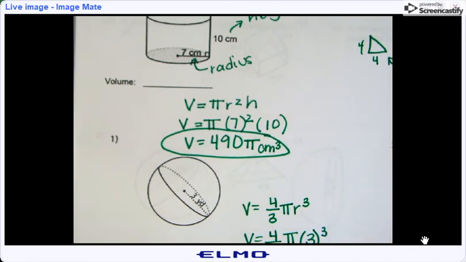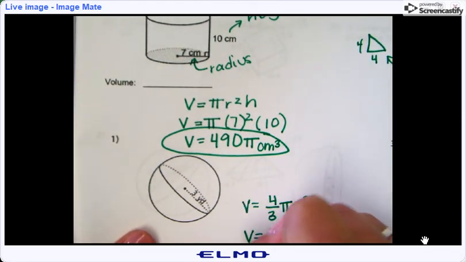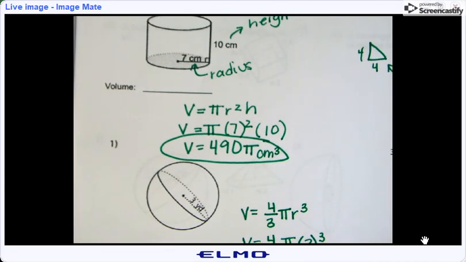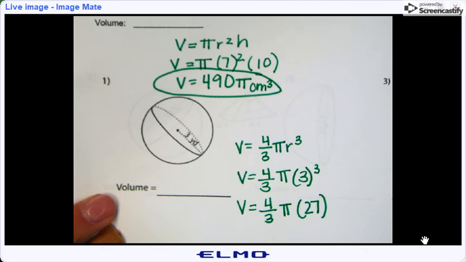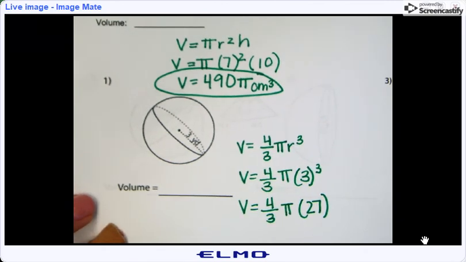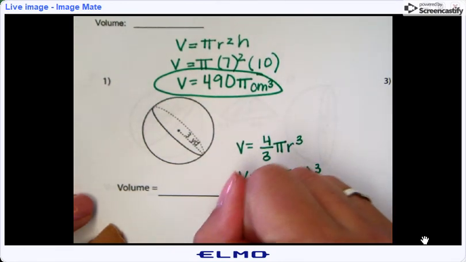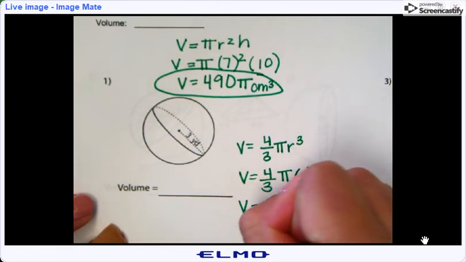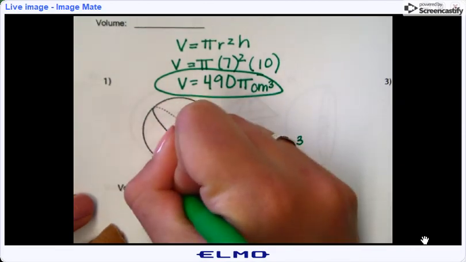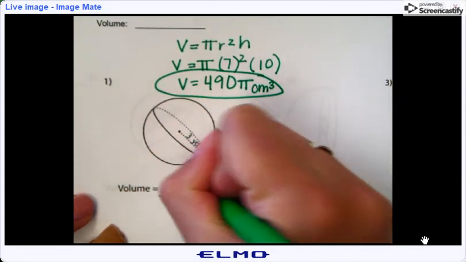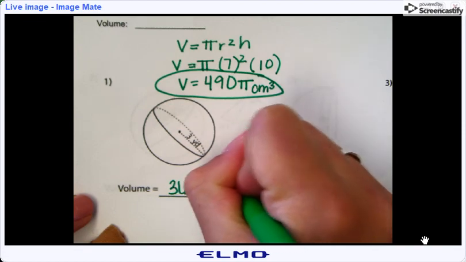So I'll do 3 to the third power, which is 27. And then I'm just going to multiply 27 by 4/3. And I get 36 pi. And my units are yards again, so yards cubed.